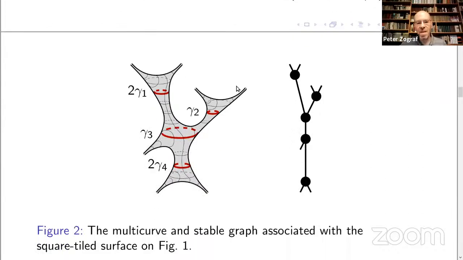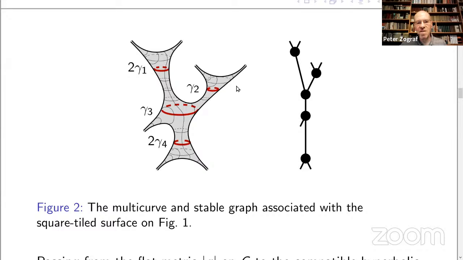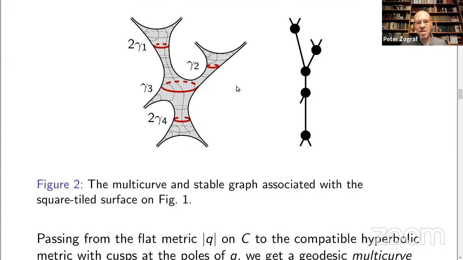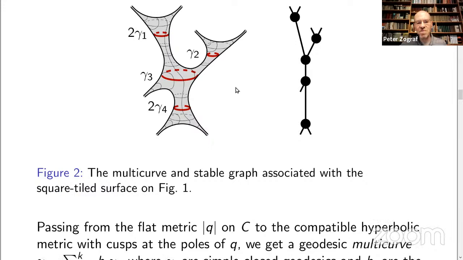Now, there is another object related to square tile surfaces. That's what is called the geodesic multicurves.